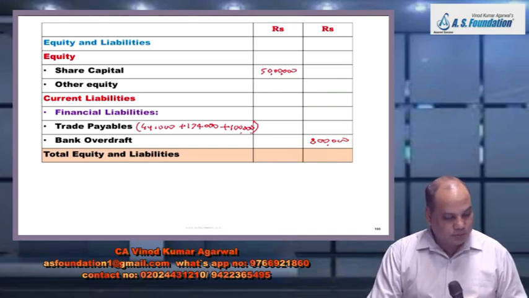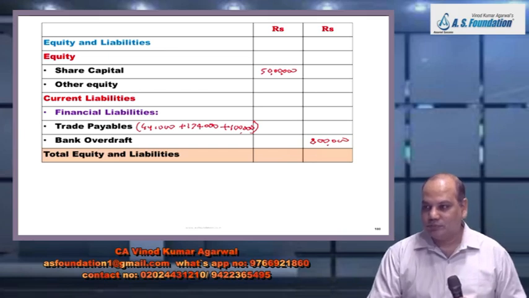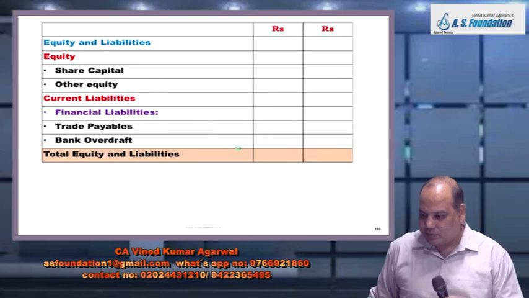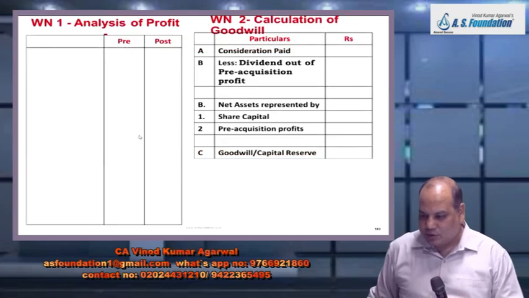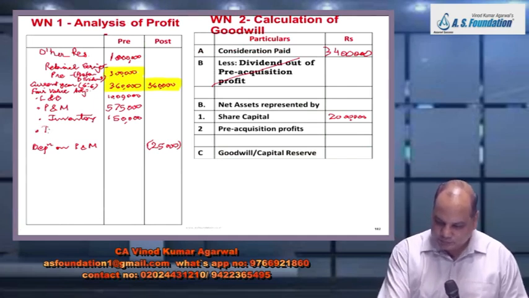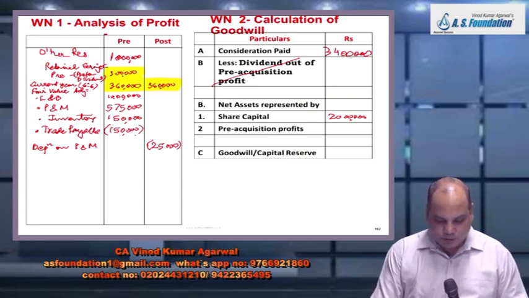So total trade payable would be 7,15,000. And this 1 lakh increase in trade payable, fair value adjustment, positive or negative? Negative. Right here. So all SOFP items are over.